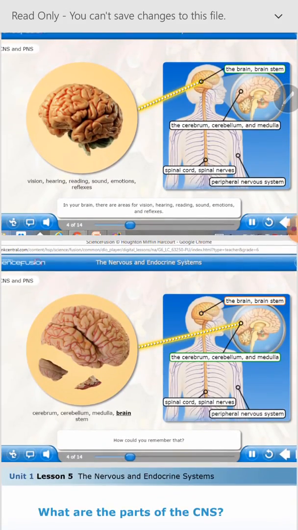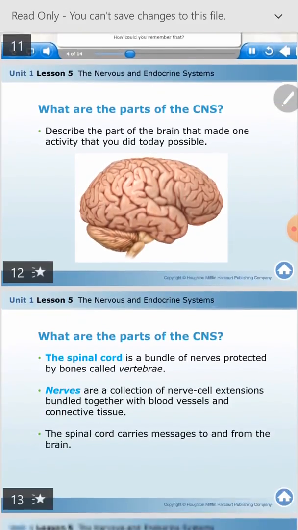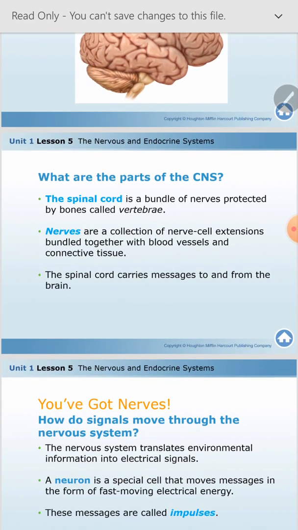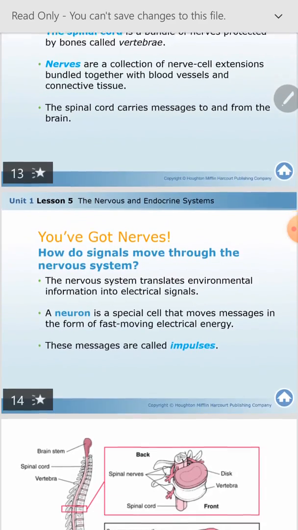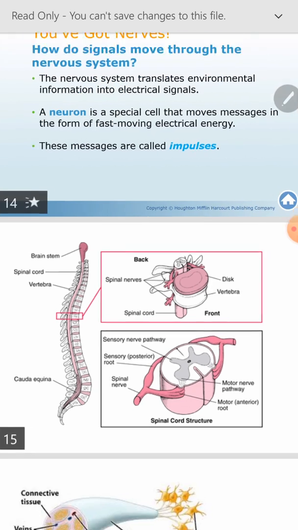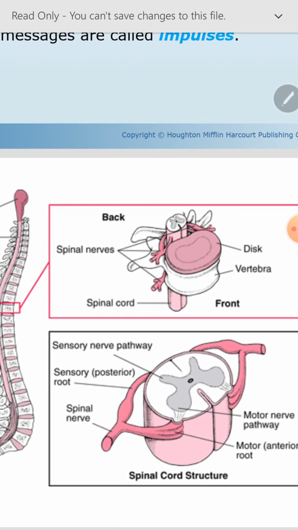Today we will talk about the nerves and the neurons. We said that the peripheral nervous system is made of nerves. We have seen the last time in the picture on page 61 how the spinal cord receives sensory and motor nerves.